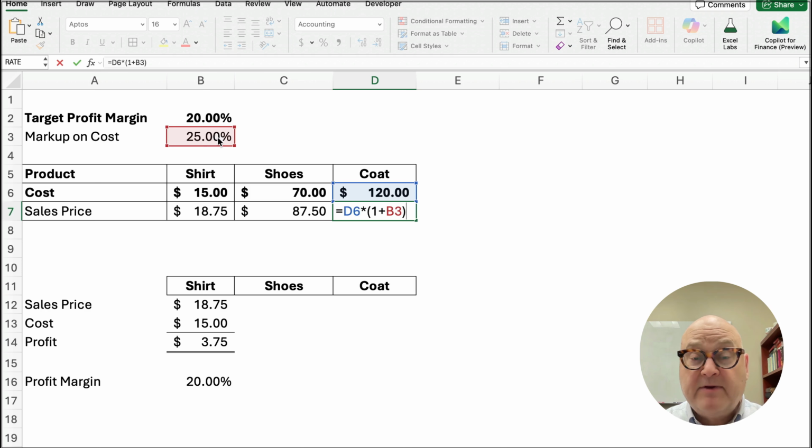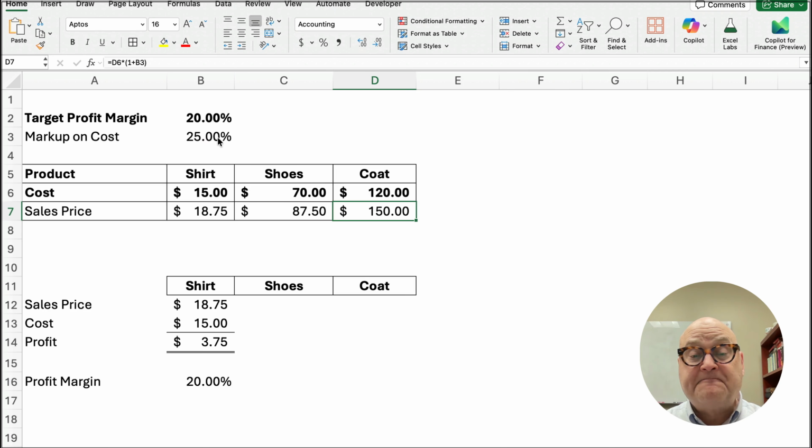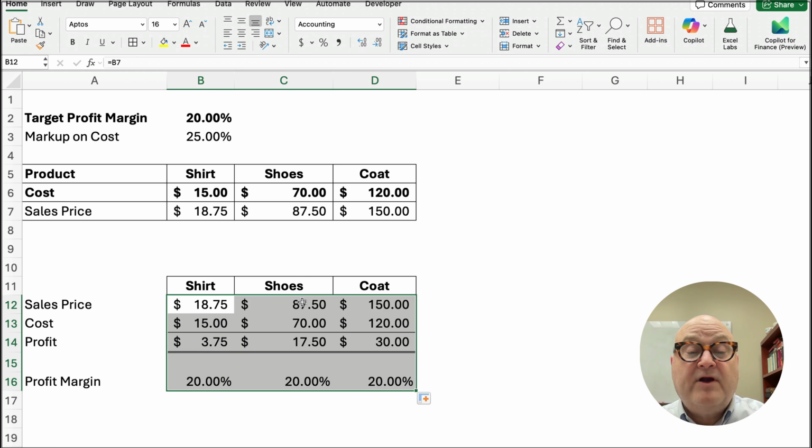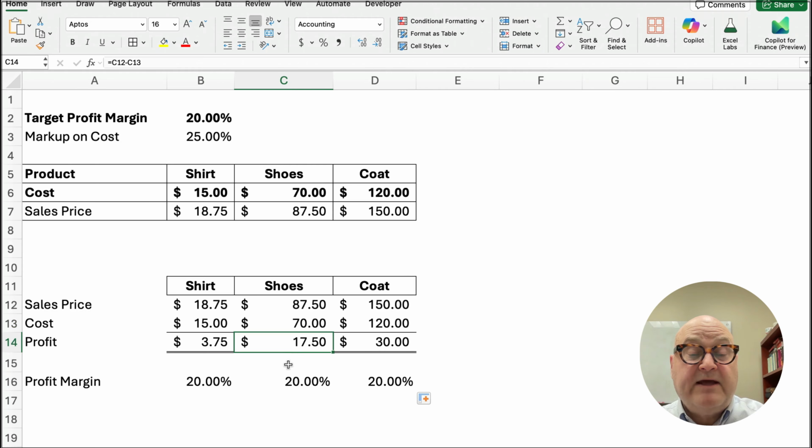That's the markup, and we're going to sell for $150. So let's check our work all the way across. We should be able to just copy this all the way across. What if we sell at $87.50 something that costs us $70? We're making $17.50. We have a 20% profit margin. What if we sell something for $150 that costs us $120? We have a $30 profit, or a 20% profit margin.